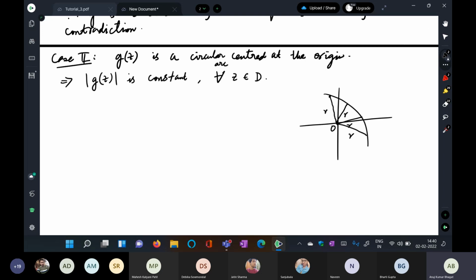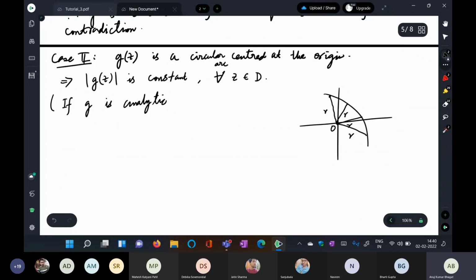Again, you have done this theorem: if g is analytic in a region, and if the modulus of g is constant there, then g itself will be constant.